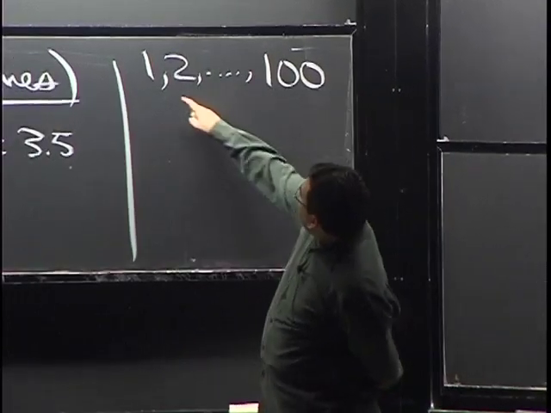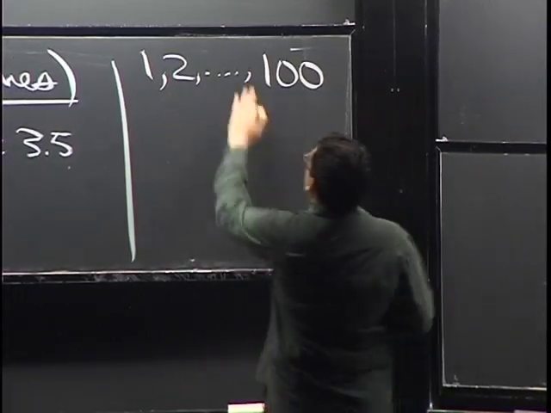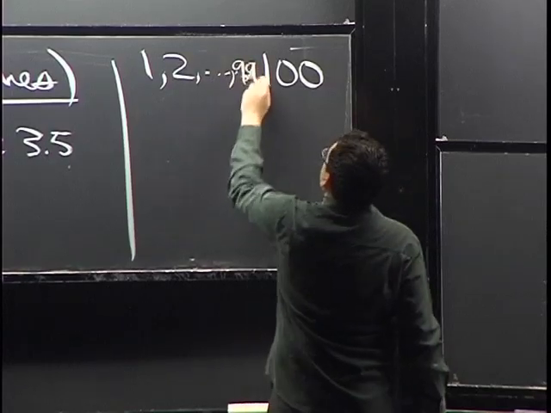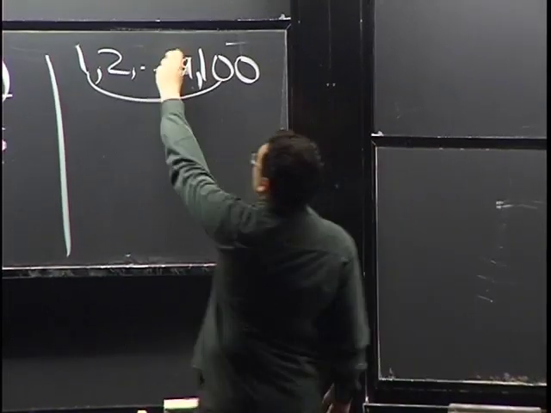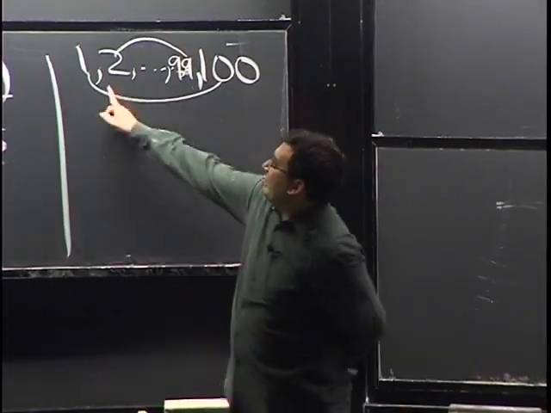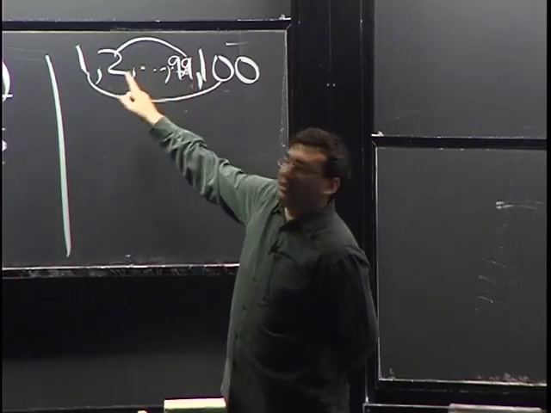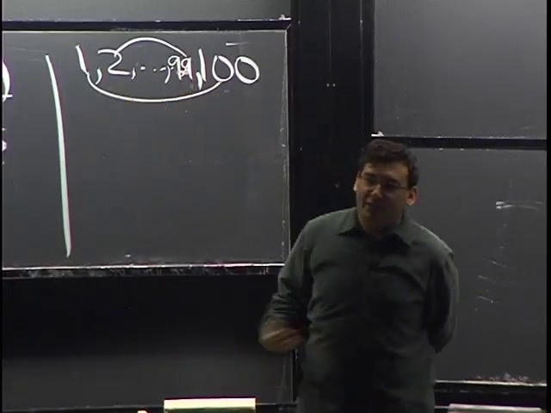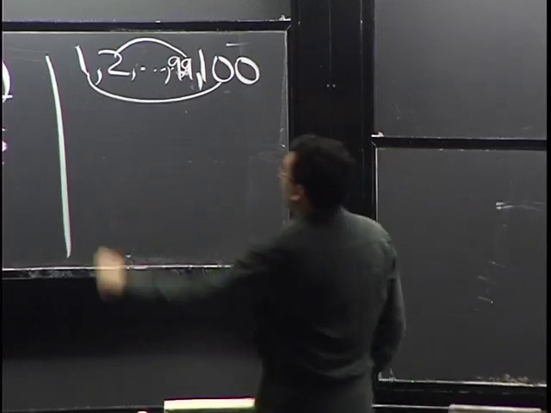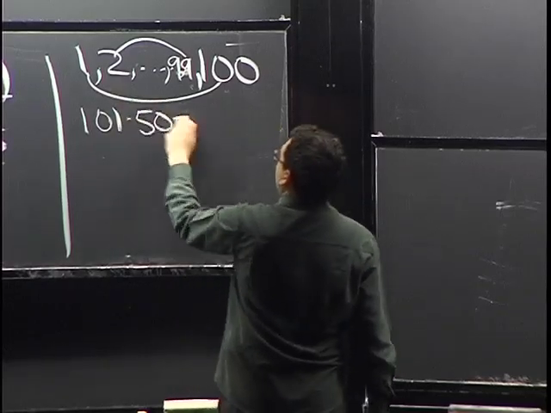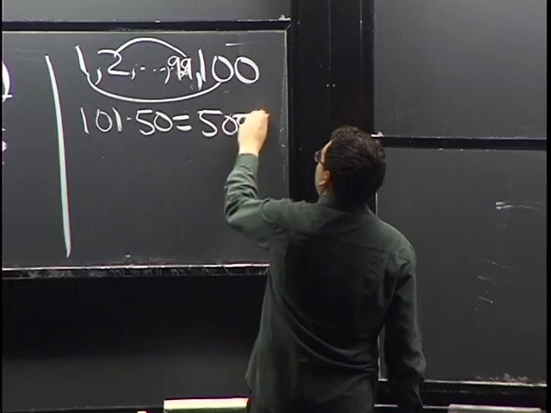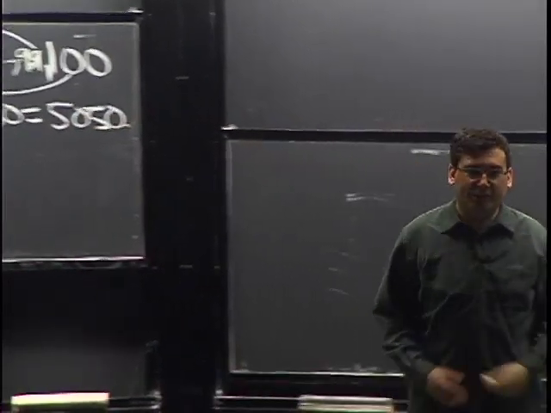And then Gauss immediately saw that you compare the 1 and the 100 and the 2 and the 99. 1 and 100 is 101, 2 and 99 is 101, 3 and 98 is 101. So all the pairs add up to 101, and there's 50 pairs, so he just immediately wrote down 50 times 101, equals 5050, and wrote down the answer.